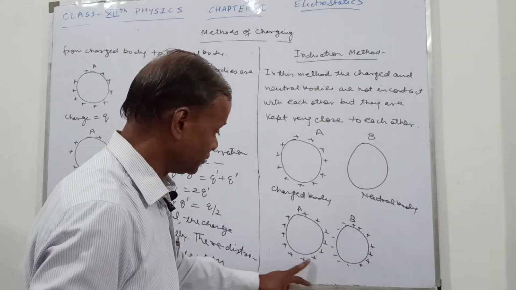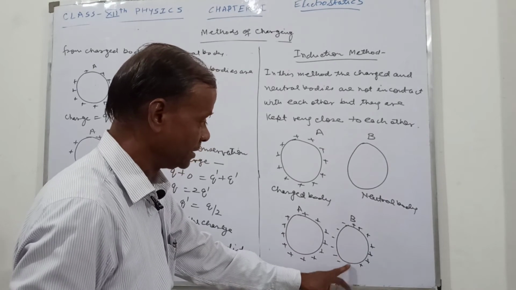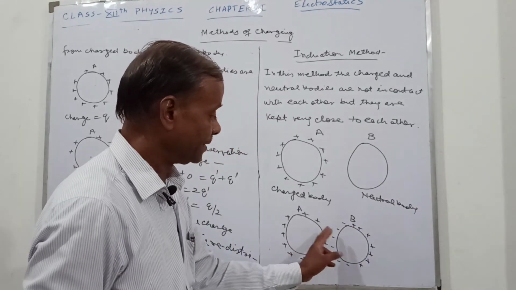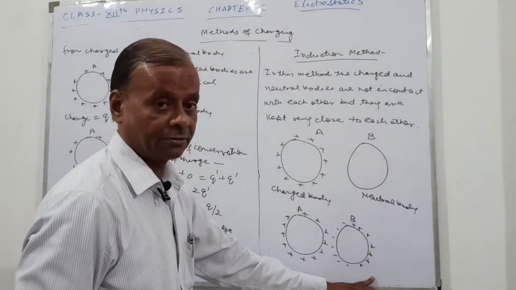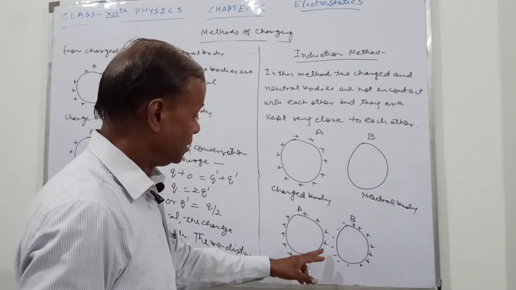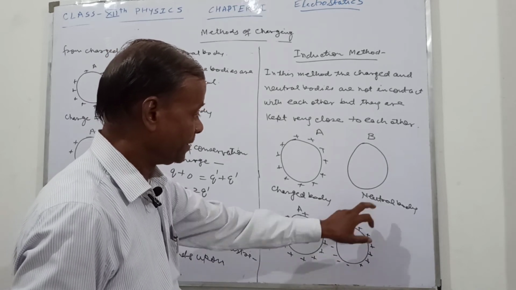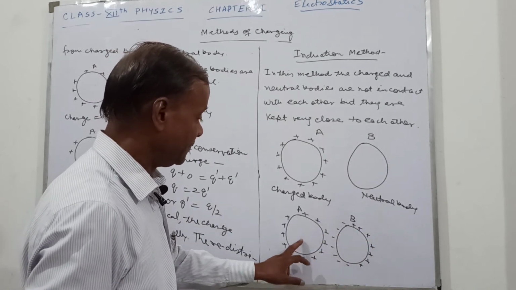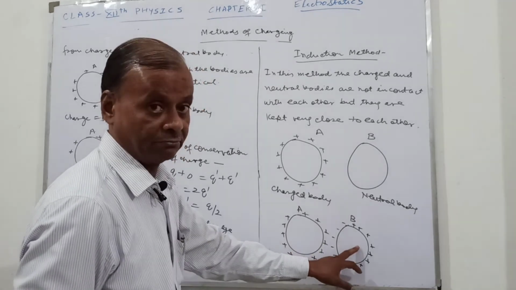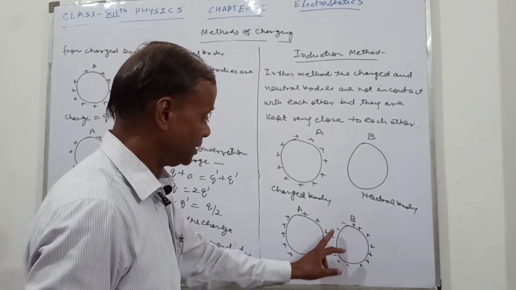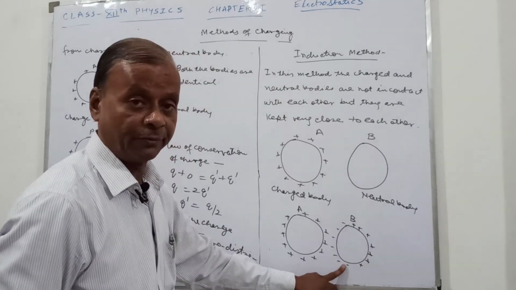Just suppose this is positive charge, then this will be the negative charge. The face which is away will get the positive charge. So the body which is neutral remains neutral after the induction. In this method, equal and opposite charges are induced on the neutral body.